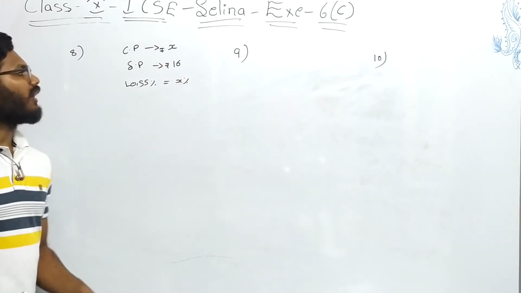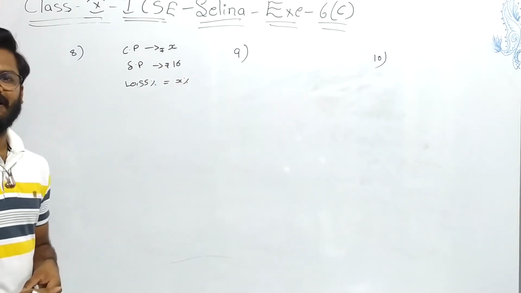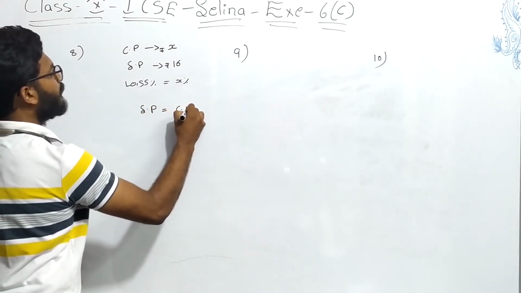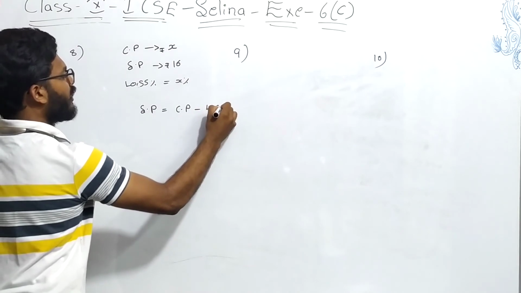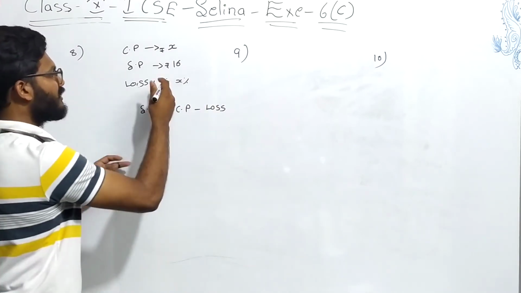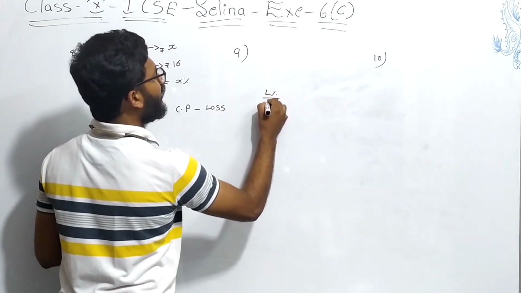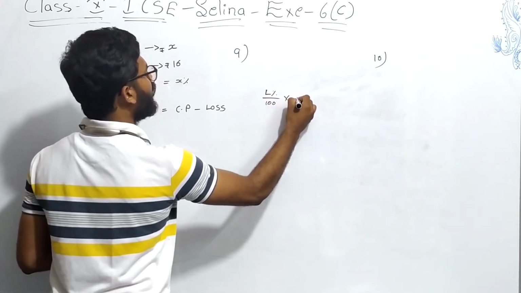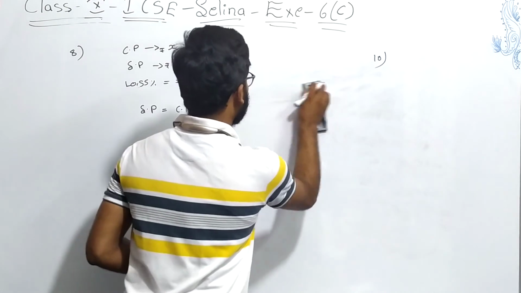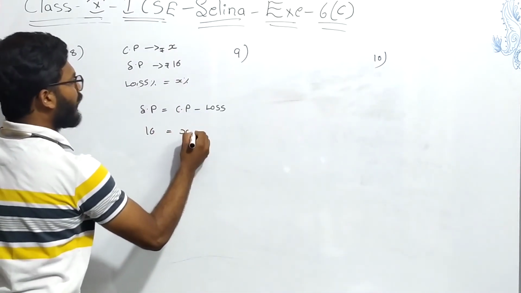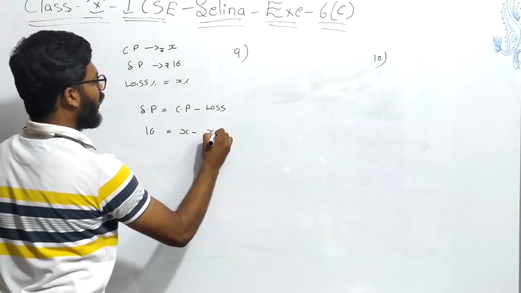Now, if we get loss, what is the condition? We know SP is equal to CP minus loss, right? How can we find loss? Loss is nothing but loss percent by 100 into CP, right? So here we will get 16 is equal to x minus x percent of x.